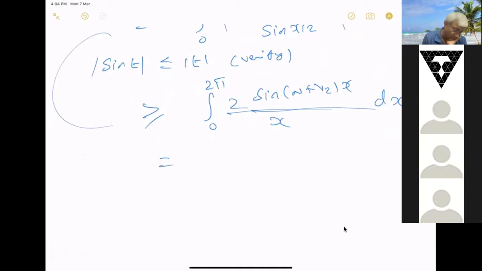Let me take the 2 outside, it does not matter anyway, it's just a constant. We want to show it diverges, with limits 0 to n plus half. Okay.